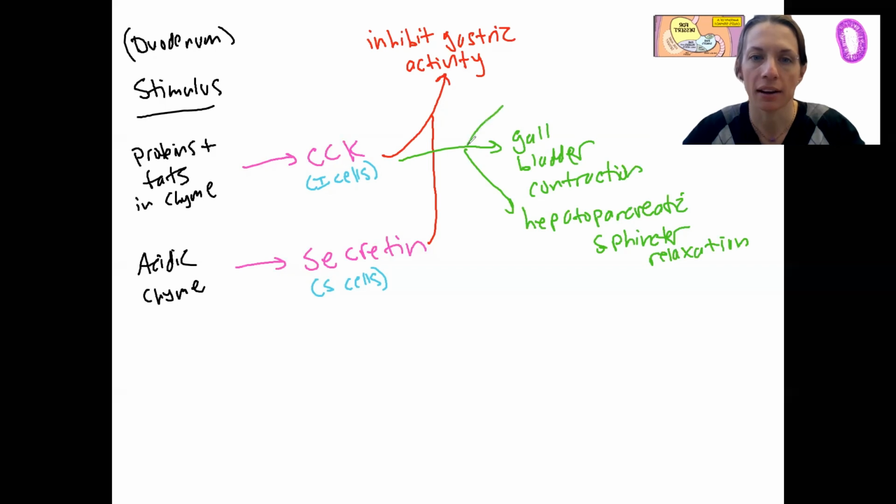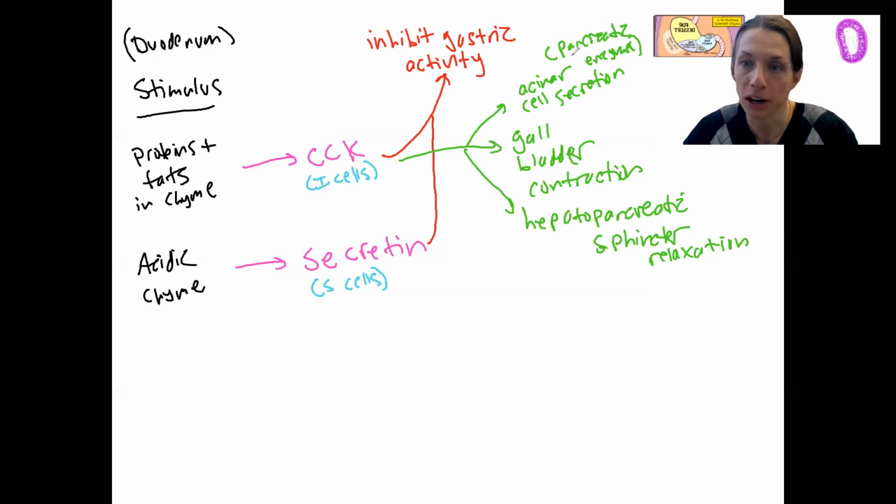We also have acinar cell secretion. What do those things secrete? Digestive enzymes from the pancreas. Pancreatic enzymes. So pancreas activated, gallbladder activated, sphincter open. Great. That's good stuff.